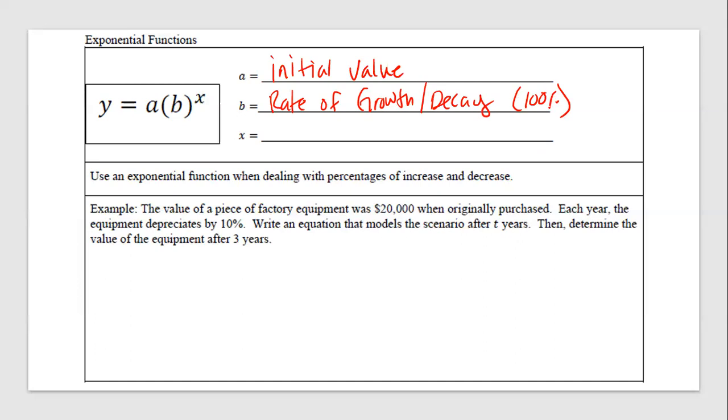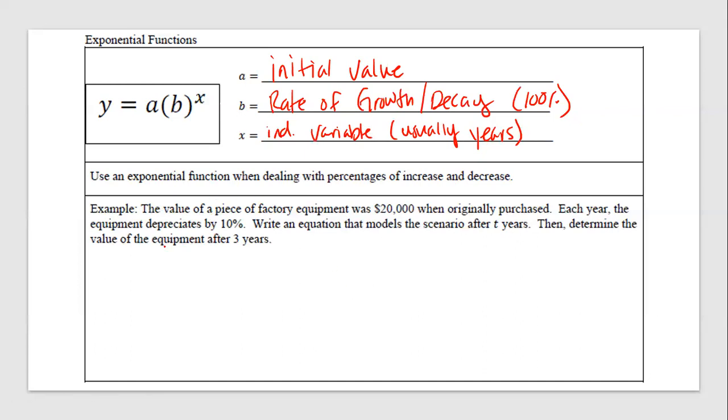Our growth and decay rate. And your x is your independent variable, right? It could be the number of computations, your compounds, how much is going to happen. But typically it's always going to be our years, our time.